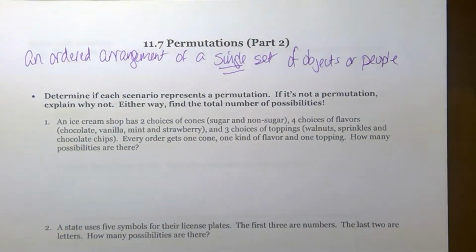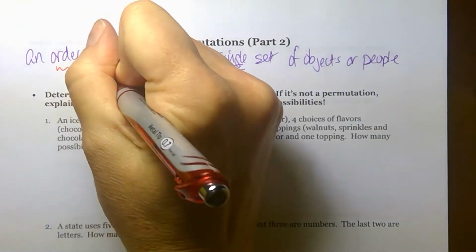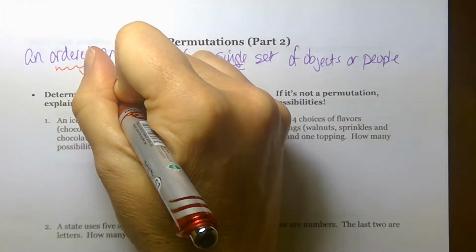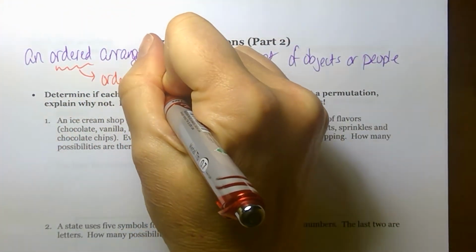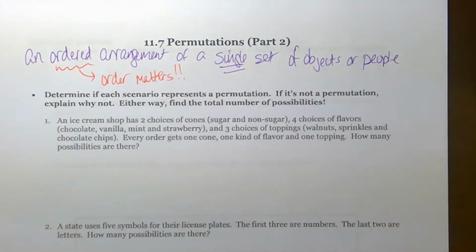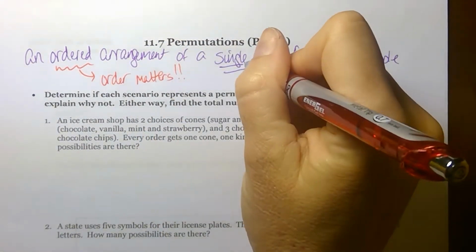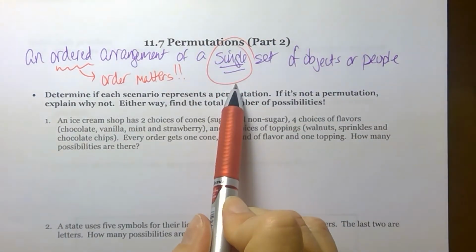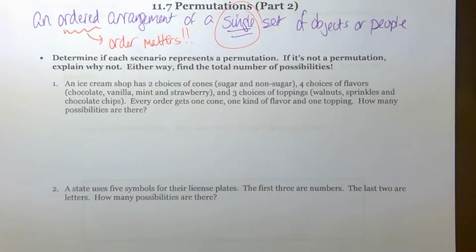Now, ordered arrangement is important because with permutations, order matters. I only have a permutation if order matters. Again, I'm arranging only one set of choices.